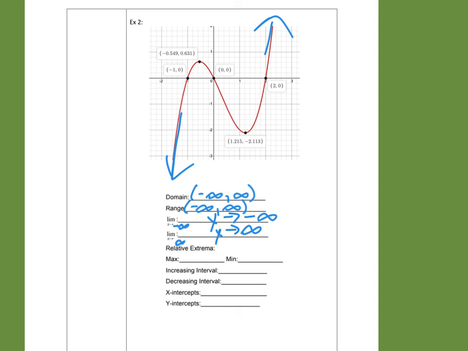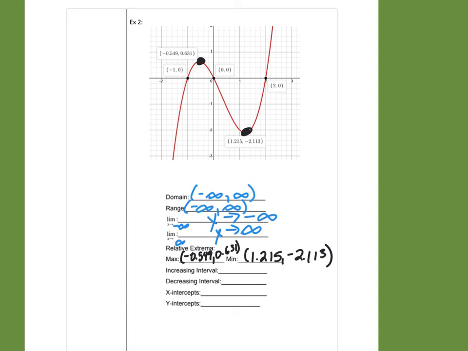Now we look, so even though this is a cubic, do we have max and min points? Yes, we do. Hopefully you put this point right here as your max, because that's the highest. So that would be negative 0.549, comma, 0.631, I'm running out of room. Our minimum point then is going to be 1.215 and negative 2.113.